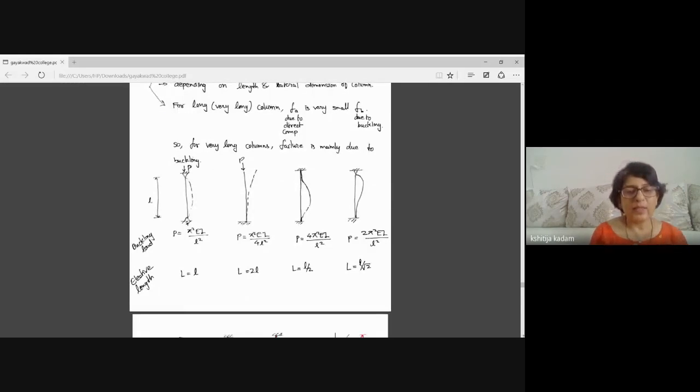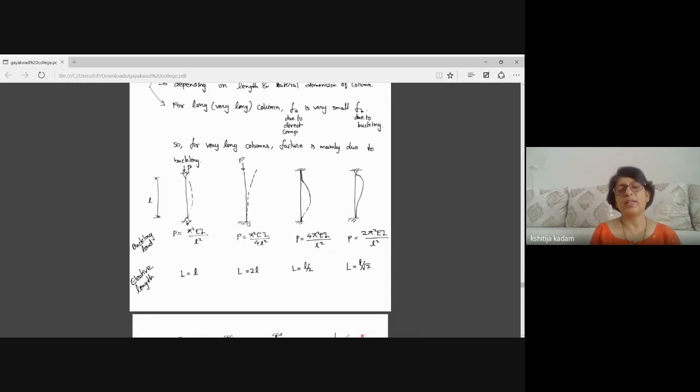And this buckling load, which is the load at which the column starts buckling, depends upon the boundary conditions, the support conditions of the column. If both the ends are simply supported, the buckling load is like this.